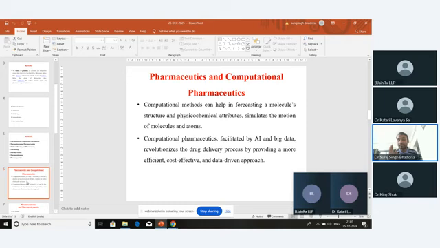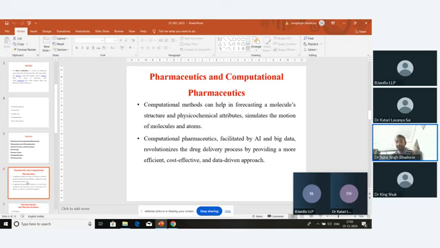The computational pharmaceutics is generally related with AI. जैसे अभी हमने हिस्ट्री में बात करी आर्टिफिशियल इंटेलिजेंस की, so it is related with AI and big data tools, resolution in the drug delivery process. It resolves the drug delivery system process by providing a more efficient, cost effective and data driven approach.